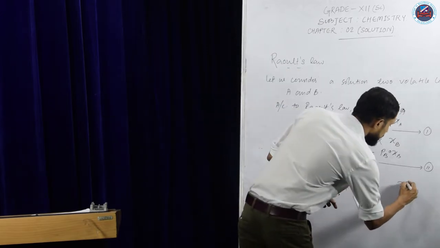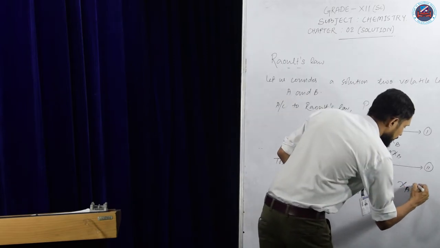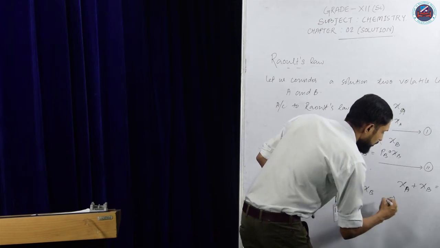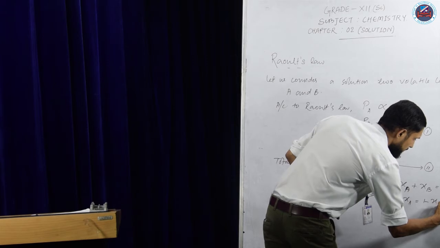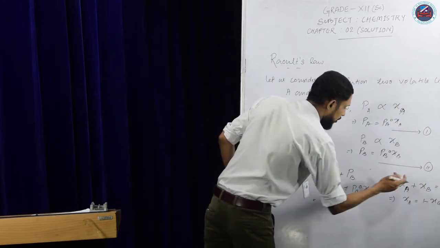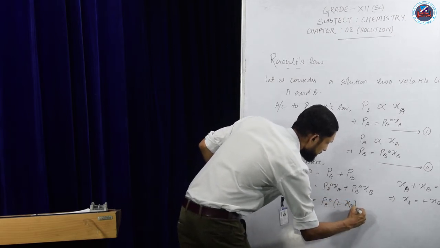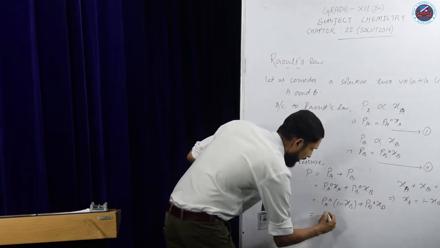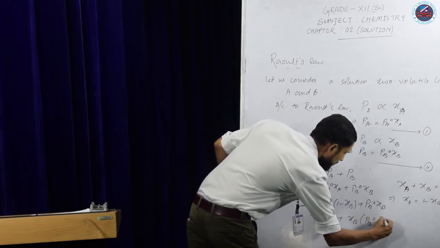Now we know if you consider two components, the sum of the mole fraction of the two components, that is mole fraction of A and mole fraction of B, is equal to 1. So from here, we can write mole fraction of A is equal to 1 minus mole fraction of B. So if you substitute this in the equation, you'll get PA naught (1 minus XB) plus PB naught XB. So if you simplify and arrange it, you'll get PA naught plus mole fraction of B times (PB naught minus PA naught).